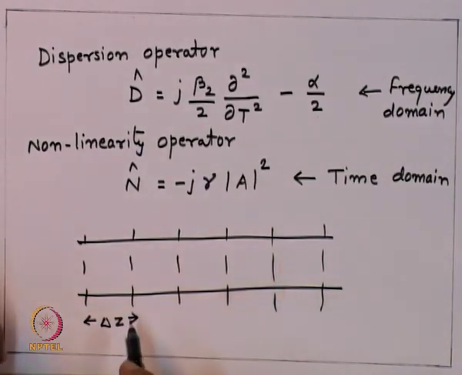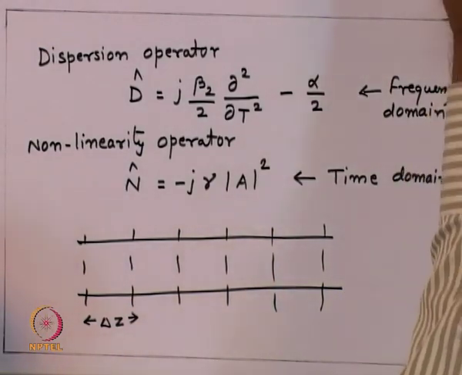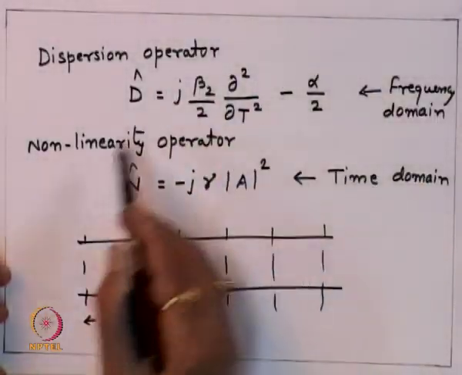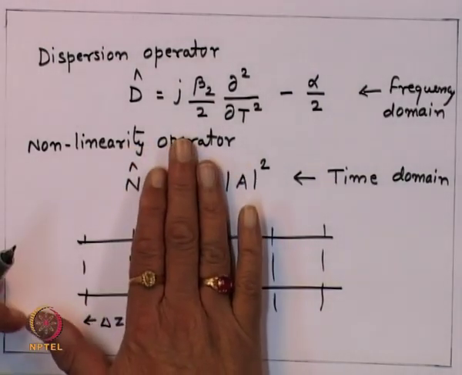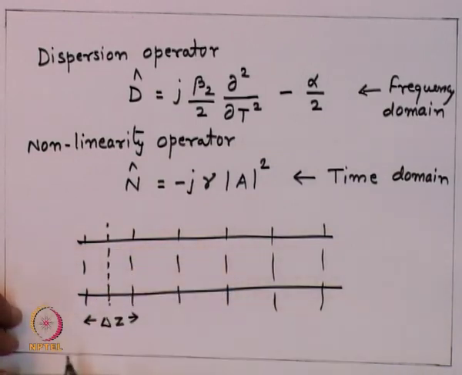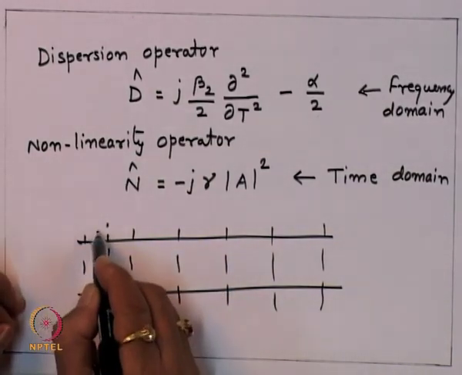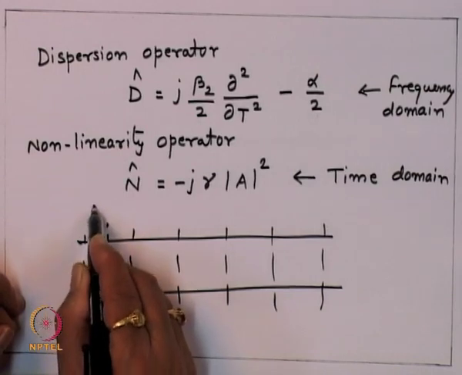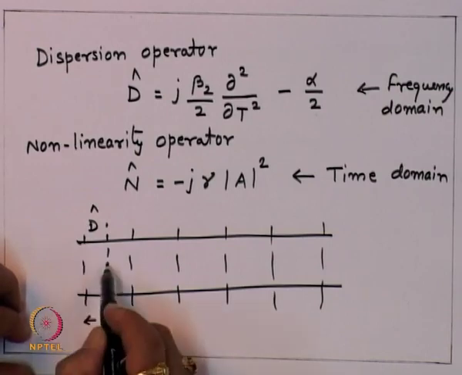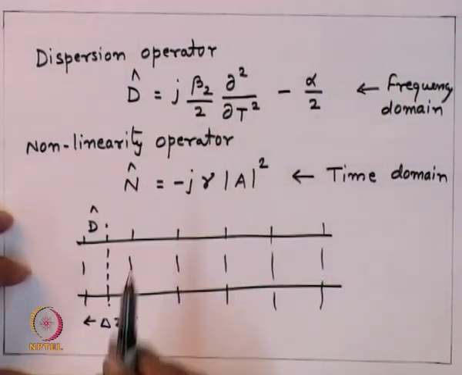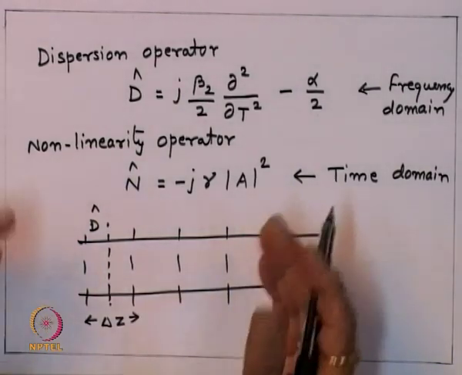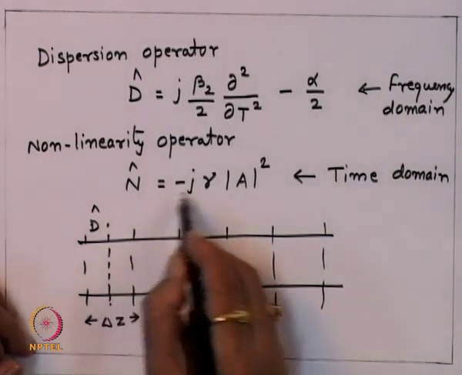So, one can solve this equation by applying the D operator, assuming that the nonlinearity is not present. Let us say I take half of this step. From here to here, I apply the operator D cap. The spectrum is modified because I am working in the frequency domain. Take a Fourier transform, come to the time domain, and apply the operator at this location.